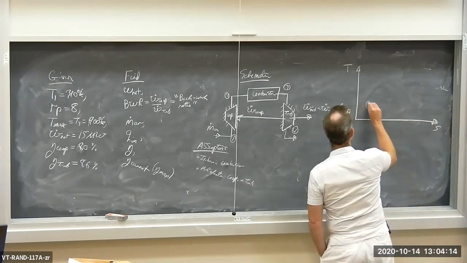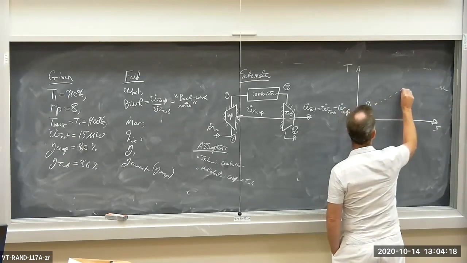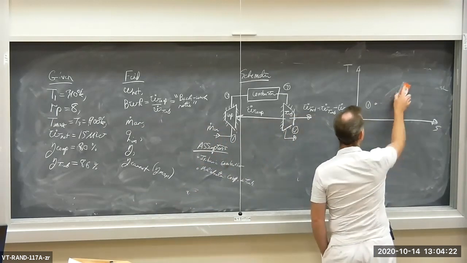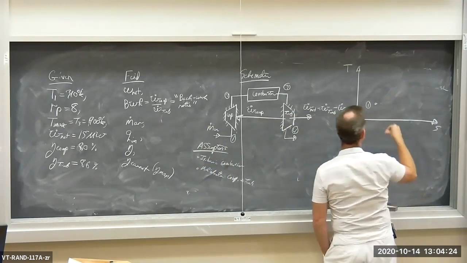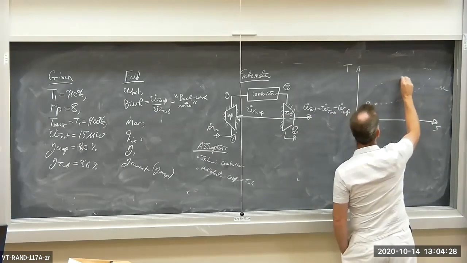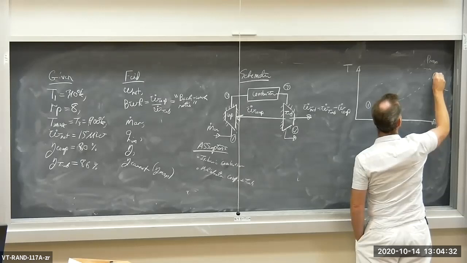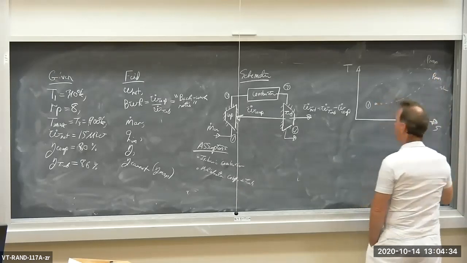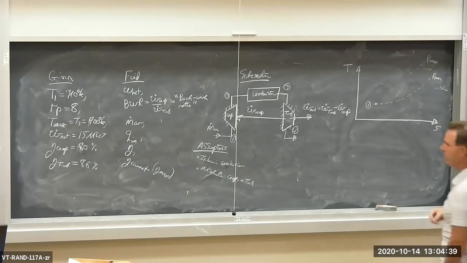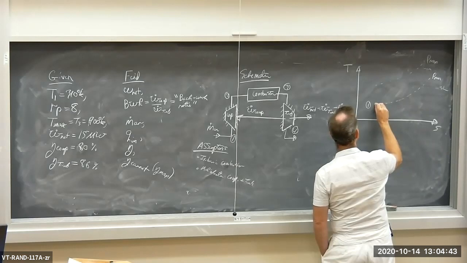So state 1 is the inlet. Let me put in my P min and my P max isobar. So here's my P min, and here's my P max. So we're compressing in the compressor, the air starting off at state 1.